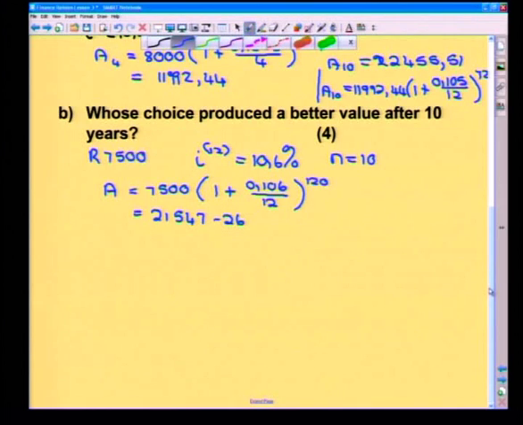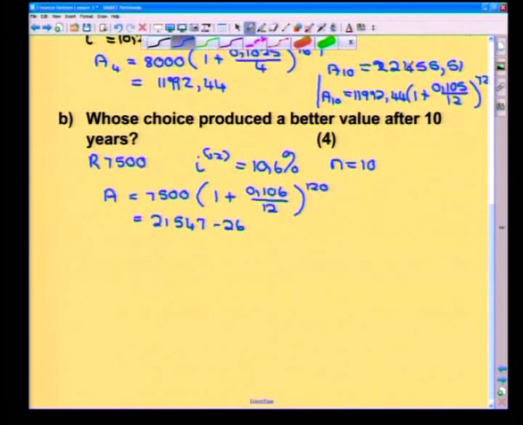So what we're going to do is we're going to go back to this guy here, and we're going to say, what did he invest? Well, person A invested 8,000 Rand. He ended up with 22,455 Rand 51 cents.